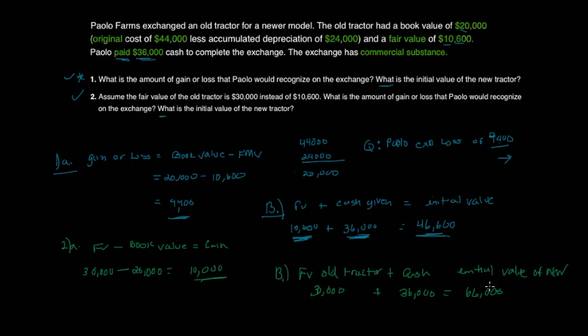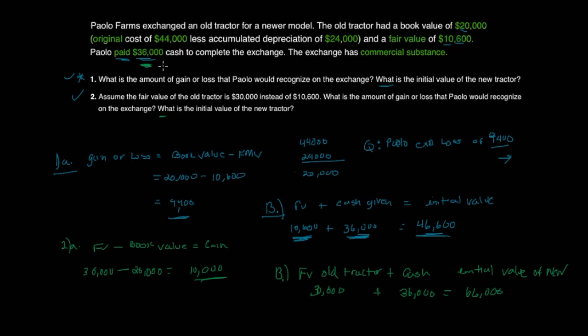Okay, so this was a pretty straightforward, simple example of what is going on whenever you're trying to compute the gain or loss on an asset. Like I said before, this is a non-monetary exchange, although it does say up here $36,000 paid.